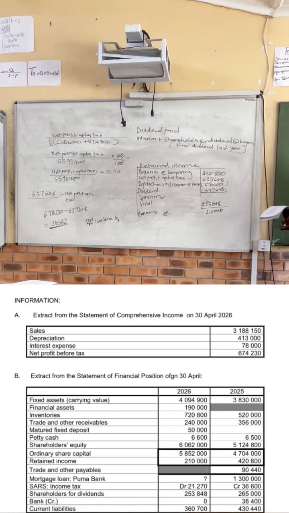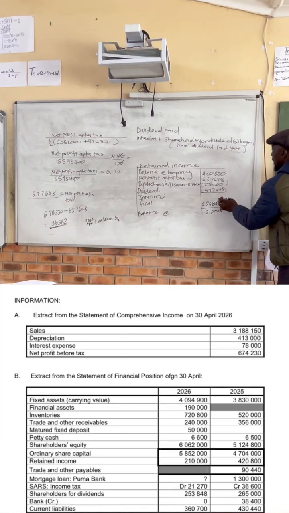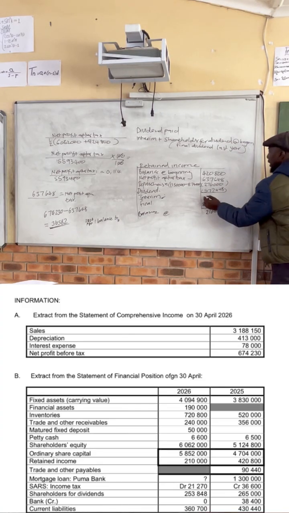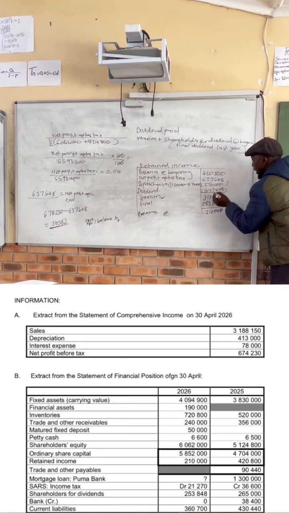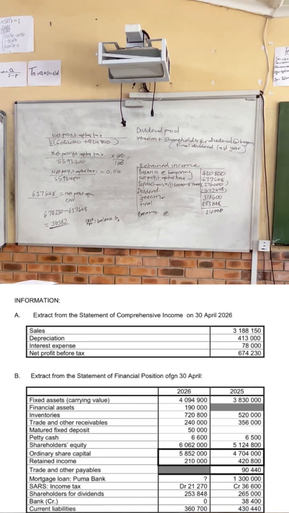Okay. Now, if we have this, now it's simple to get our interim. We can say this minus this, which is going to give us how much? 318,600. Here is our interim.